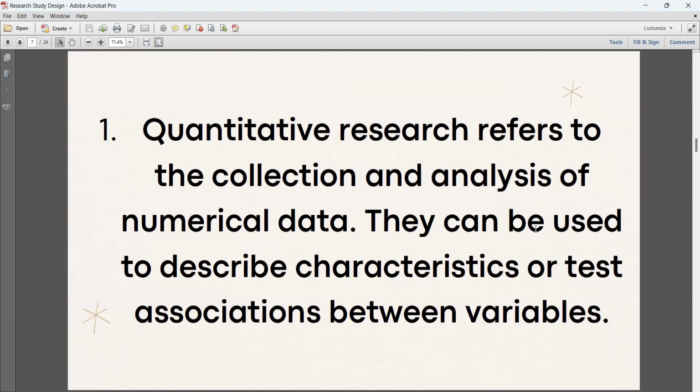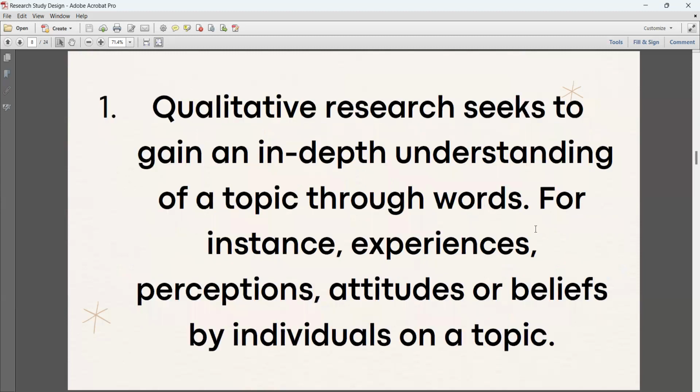Quantitative research refers to the collection and analysis of numerical data. In other words, that is data that can be expressed in numbers. They can be used to describe characteristics of something, or they can be used to test associations or relationships between variables. So that's quantitative.